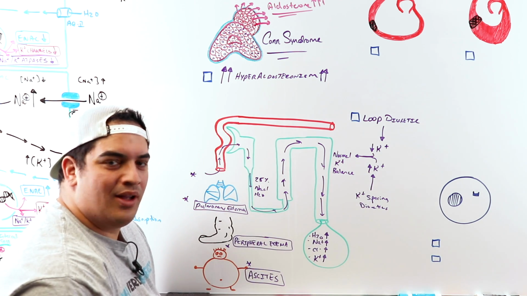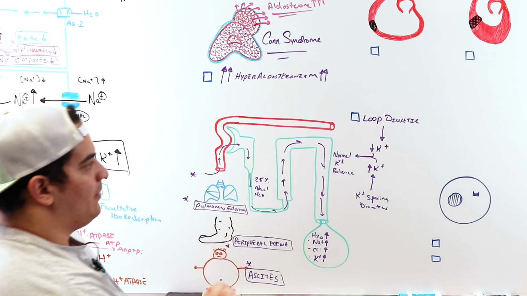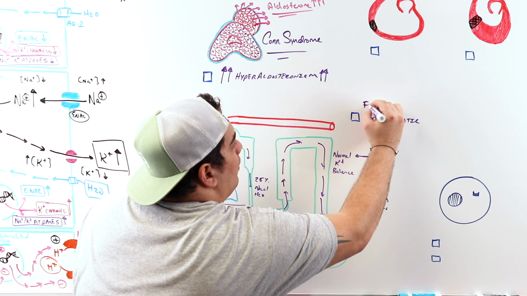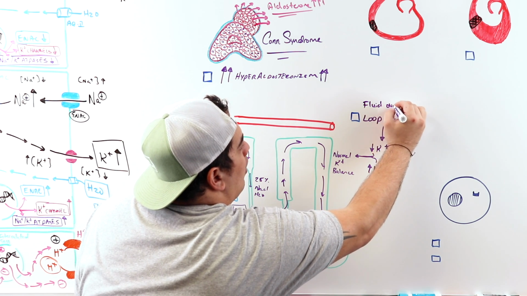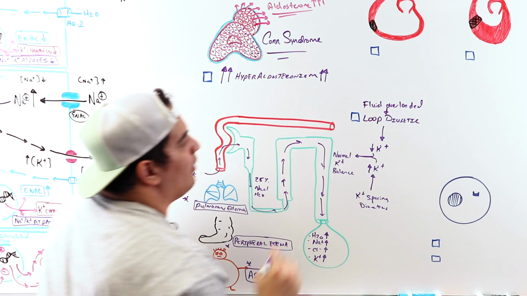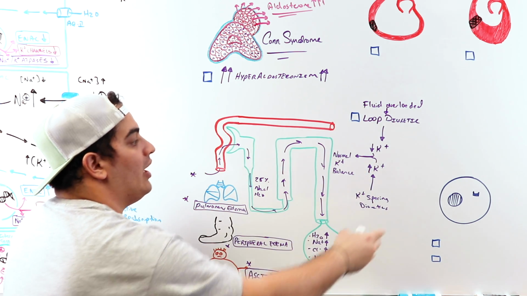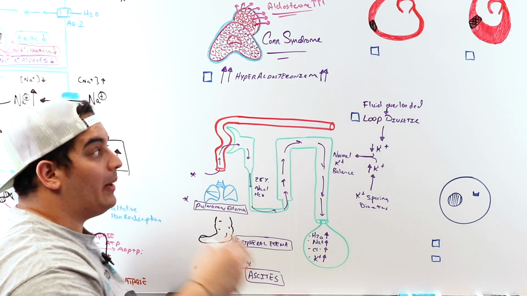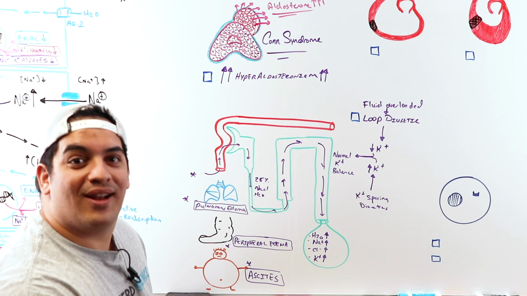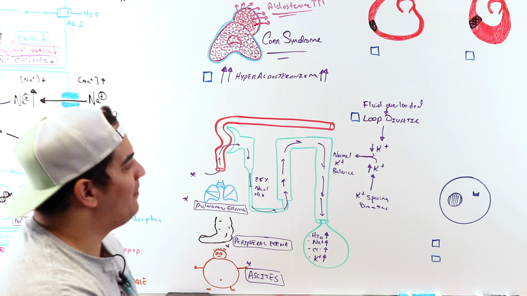Isn't that cool? So in edematous states, when someone has their fluid overloaded and you're treating them with a loop diuretic, which can potentially cause hypokalemia, give them a potassium-sparing diuretic in addition to that loop to prevent excessive potassium loss. Pretty cool.